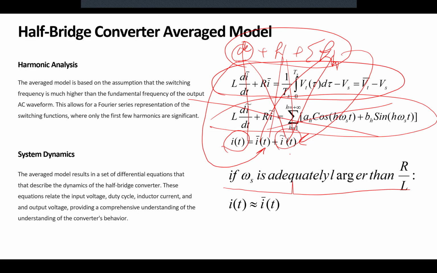So if in our system the natural frequency is lower than the fundamental frequency, which is normally the case in power systems, we could neglect the second category and only consider the average part and simplify our model. Any question about that? No?